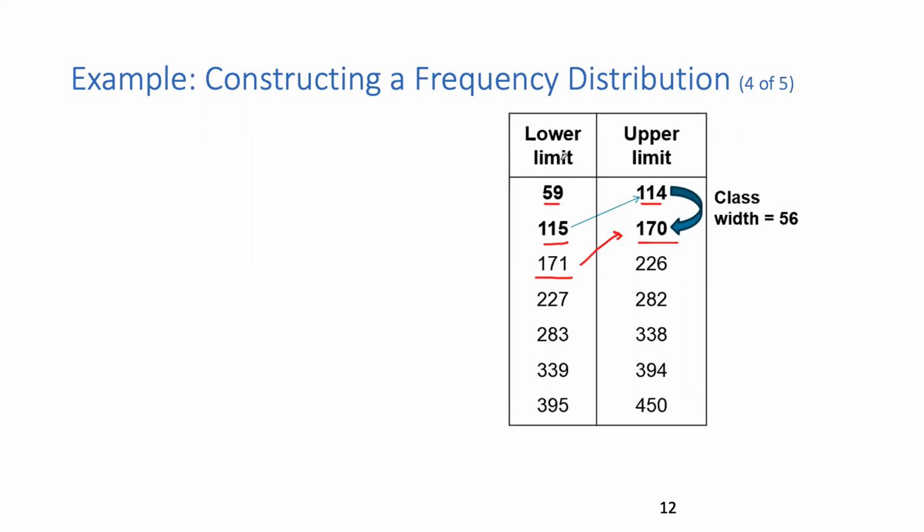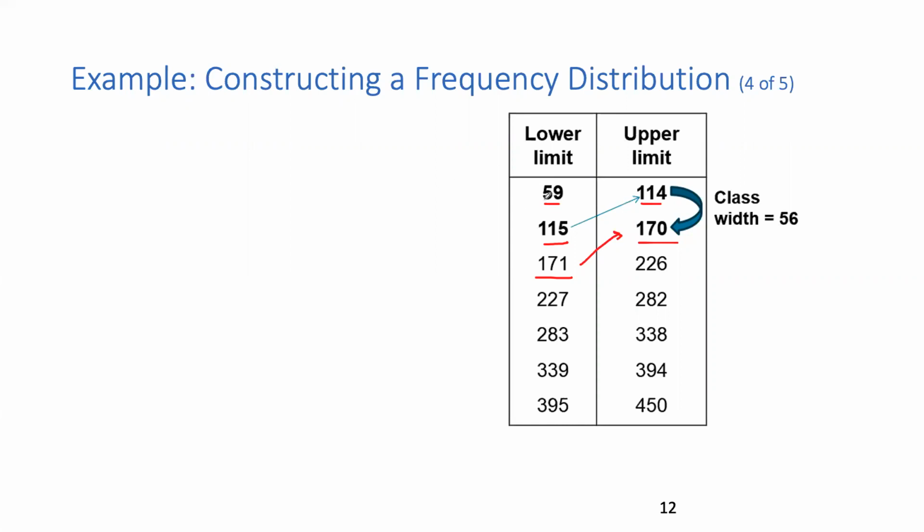One thing to really make sure that you understand is that it's natural to think that the class width is the upper limit minus the lower limit, but that's not necessarily true, because the lower limits are telling me where each next class begins. Even though there's a gap between 114 and 115, that gap you need to account for.